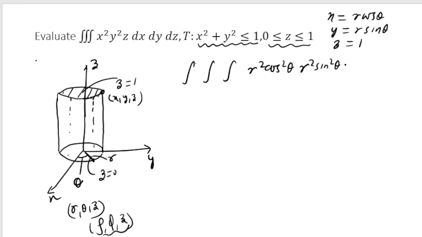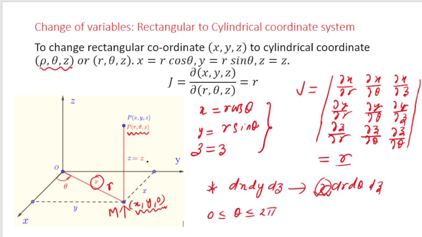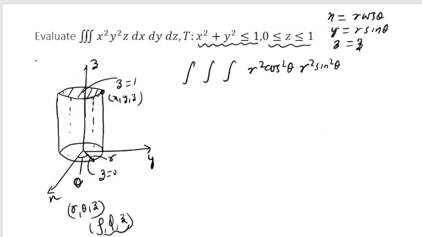Here the limit of z will be 0 to 1, but the relation is x is equal to r cos theta, y is equal to r sin theta, and z is equal to z. And I write dr, d theta and dz.